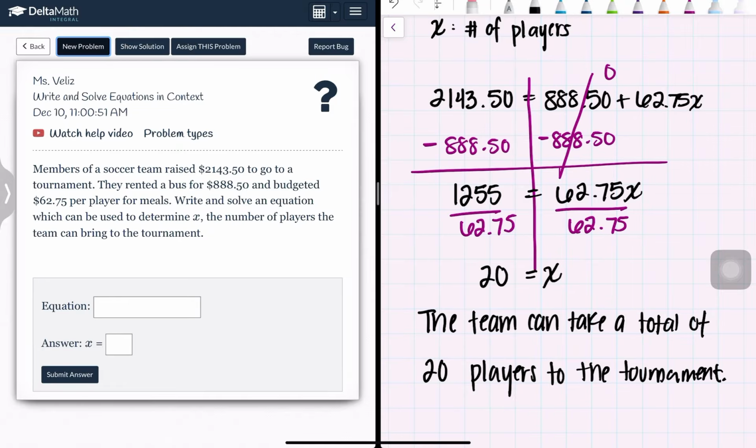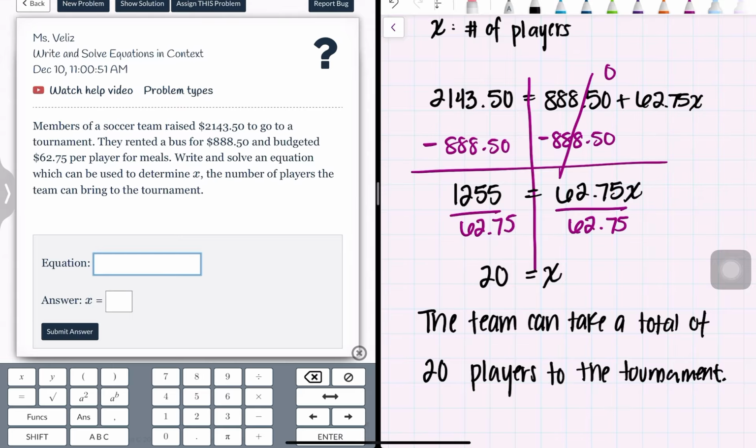Okay, so our answer here is 20, and our equation is 2,143.50 is equal to 888.5 plus 62.75x. Keep in mind, guys, these could be interchangeable.